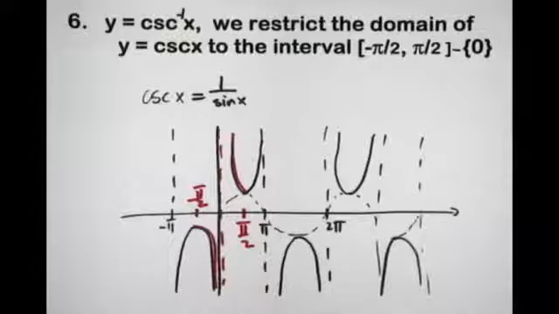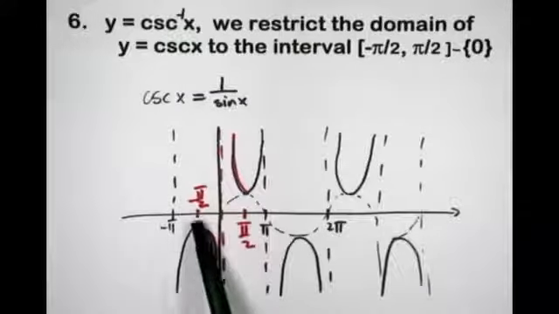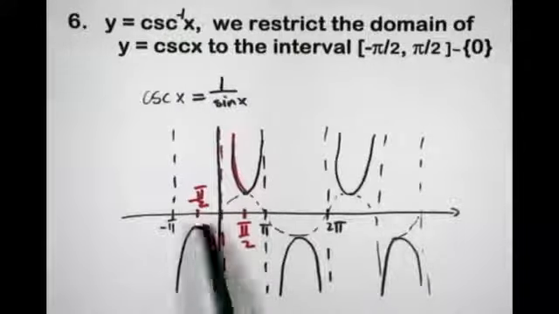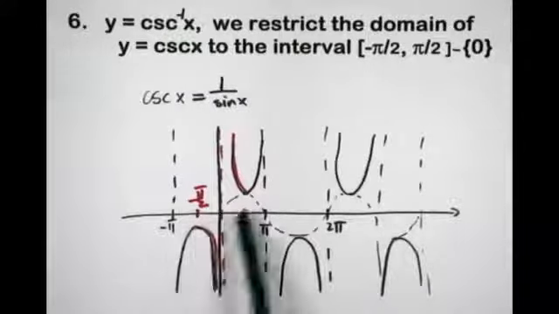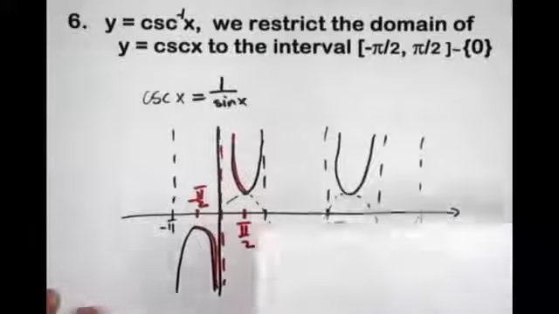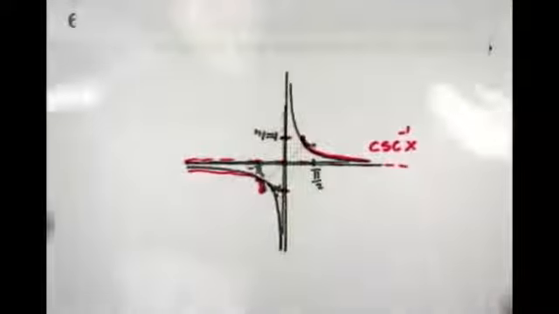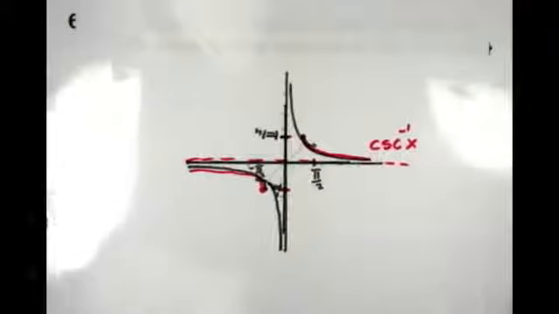So we draw the graph from the sine curve, and that's the cosecant graph. We need to take only half. So we are taking from minus pi over 2 to pi over 2, with the exception of the asymptote, which is 0. So the cosecant restricted graph is right here, and when I reflect, I'm getting the cosecant inverse right here.